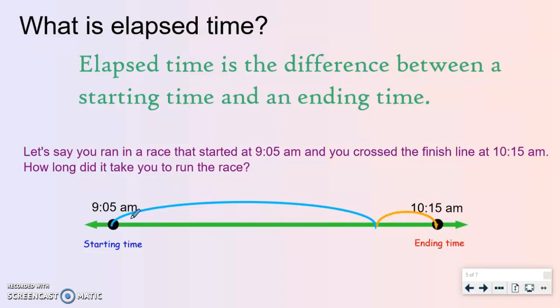And for me personally, I like to just add to the hours, because when I add an hour, I add 60 minutes. My minutes don't change, just my hour changes. Okay, so if I were to add 1 hour to 9:05, I know that that would take me to 10:05, which works because I'm still not at 10:15 yet, and that means that 1 hour has passed.